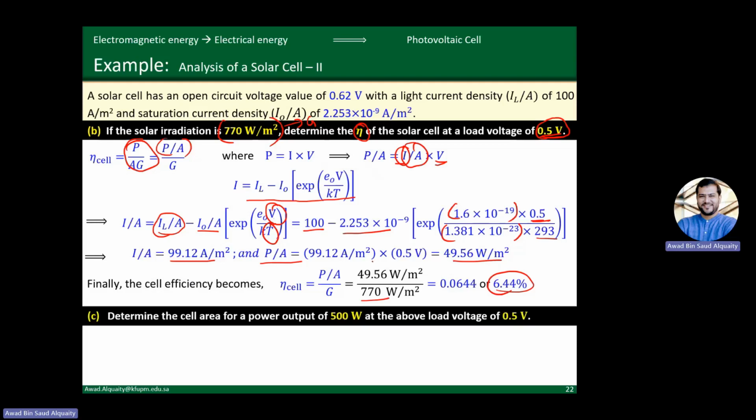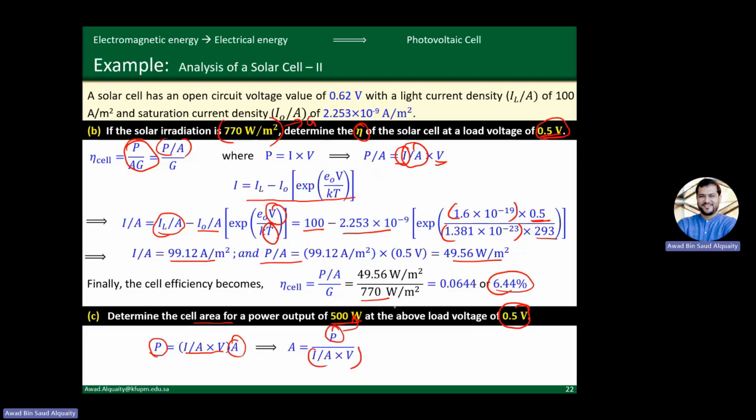Now let's also calculate how much cell area you would need if you want to generate a power output of 500 watts, again at the same load voltage of 0.5 volt. For this, we know that the power output is simply equal to the power flux times the area, or area is equal to the power that you want to generate, which is 500 watts, divided by the power flux for this voltage.